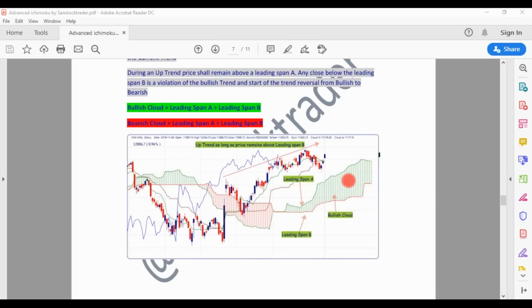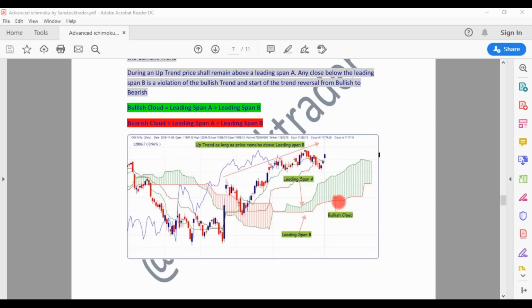Now the cloud and cloud thickness also play a very crucial role. You can see here the cloud was red. After some time there was a twist here. When the twist happened, that means the trend is changing from bearish to bullish. After the trend change, the trend slowly matures and becomes stronger and stronger with the move.